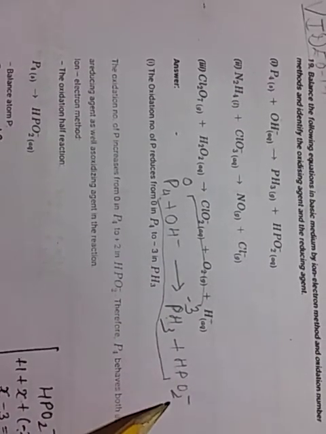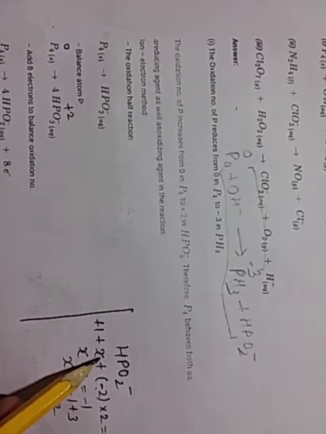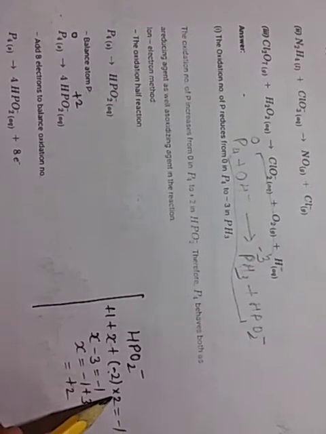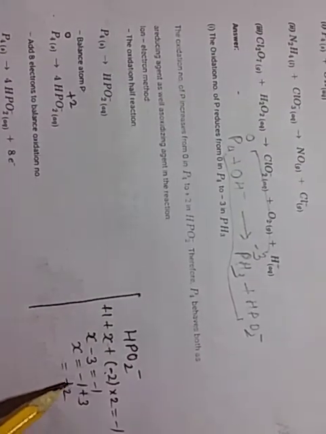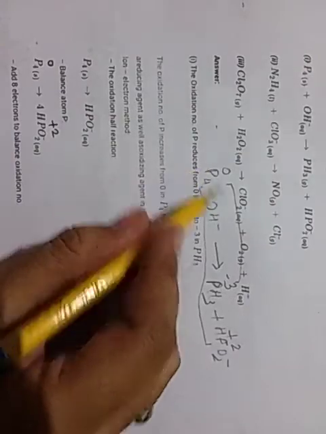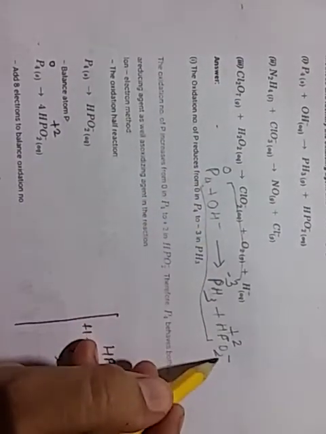For HPO2 minus we have to find it: H is plus 1, phosphorus is X, oxygen is -2 multiplied by 2, equal to the charge on the right side, -1. Calculating, -2 times 2 is -4, plus 1 is -3, and the right side is -1, so phosphorus is plus 2.